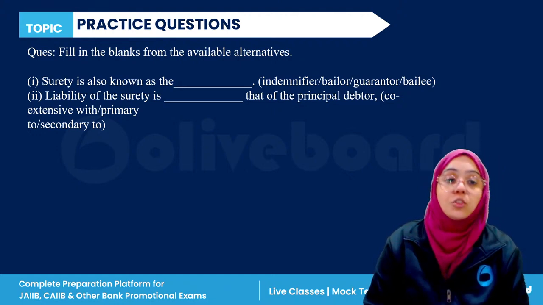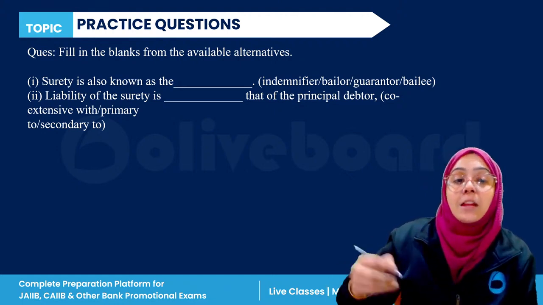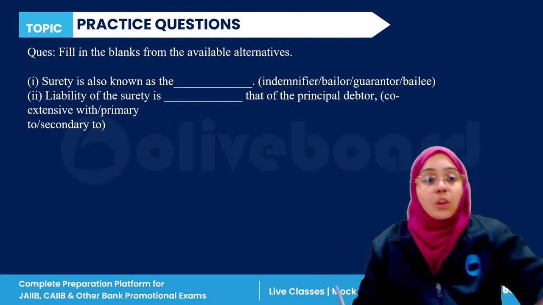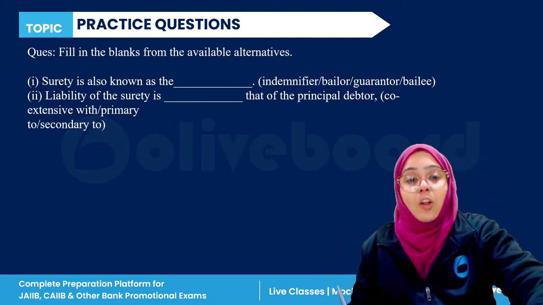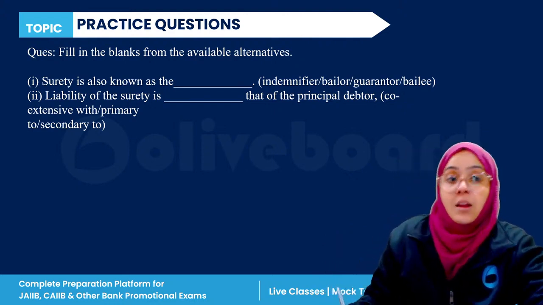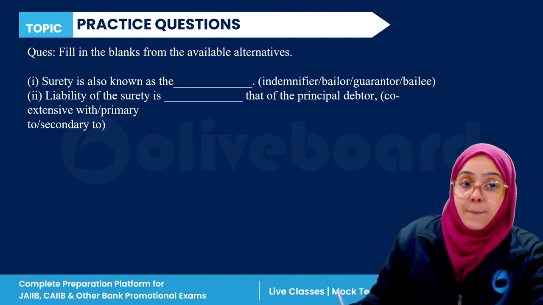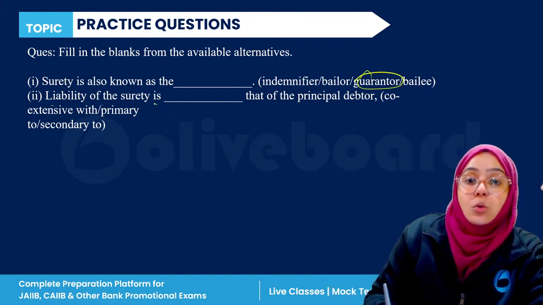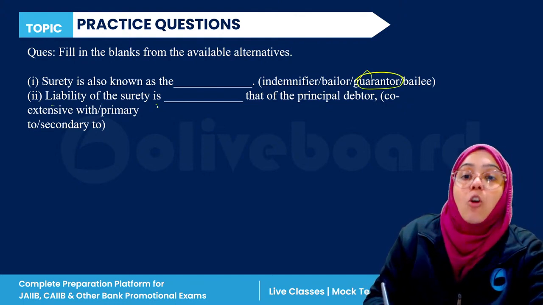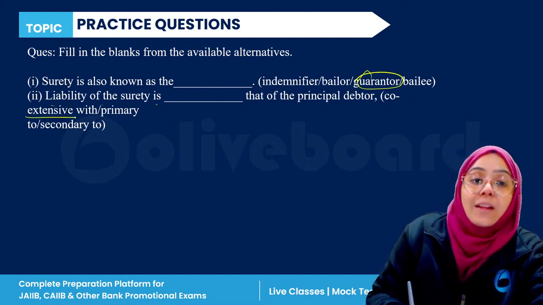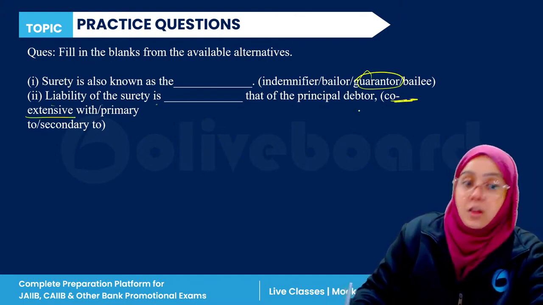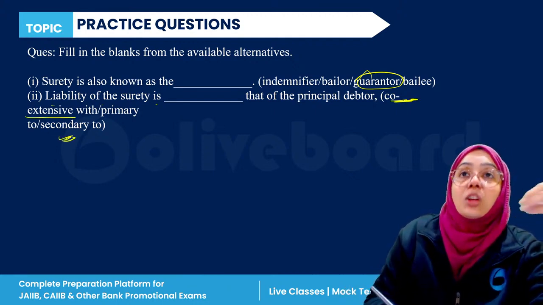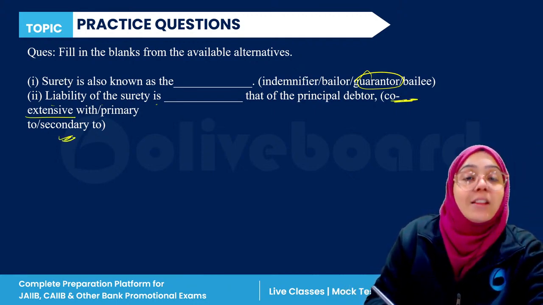Surety's liability is always secondary, first of all, right? The surety is called the guarantor, and the liability of the surety is coextensive with that of the principal debtor. It is secondary in the case when the debtor fails to pay.